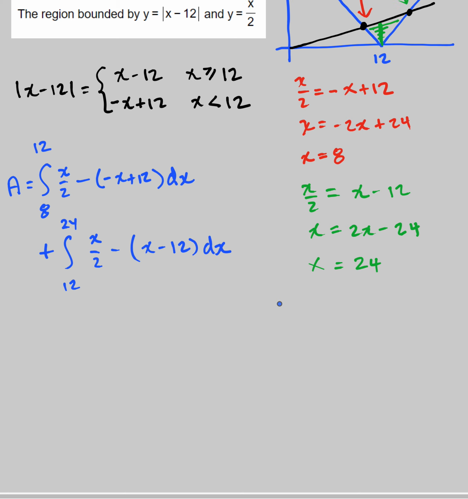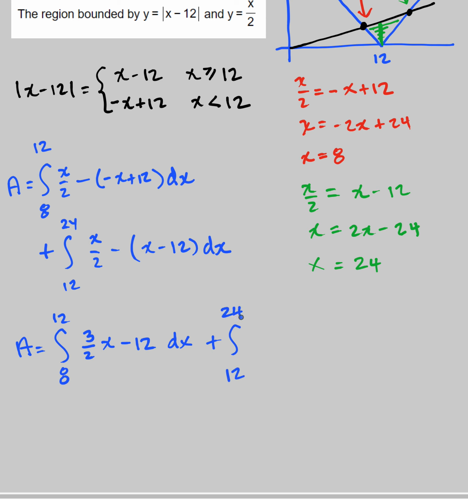Let's go ahead and simplify this a little bit. So we're going to integrate from 8 to 12, and inside the parentheses, we're going to distribute that minus, so we're going to get plus x, so that will be x over 2 plus x, which is 3/2 x, and we are going to have minus 12, dx, plus the integral from 12 to 24.